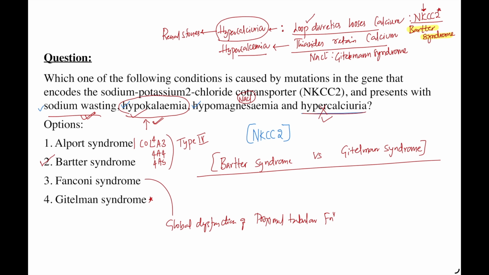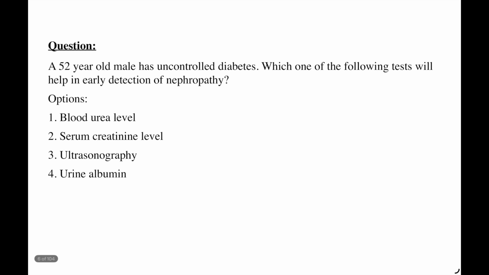Now let's go down to the next question. There is a 52-year-old male presenting with uncontrolled diabetes. Which of the following tests will help in early detection of nephropathy? See, one of the leading causes of chronic kidney disease, renal failure or renal transplantation is diabetic nephropathy.